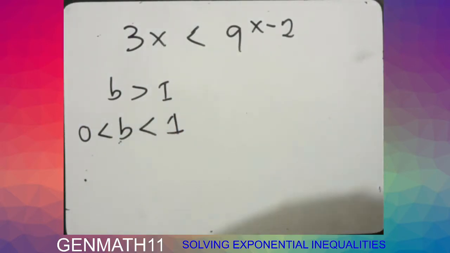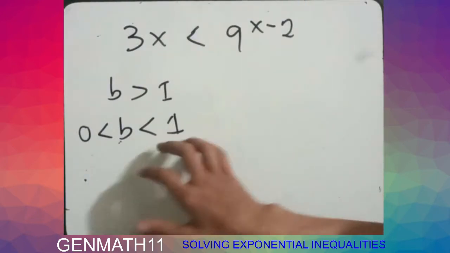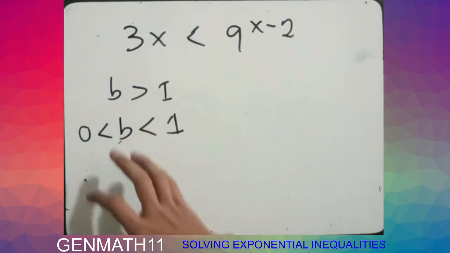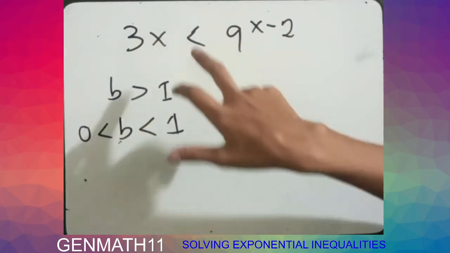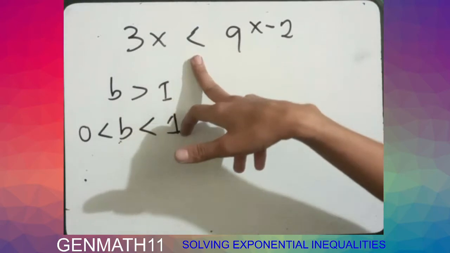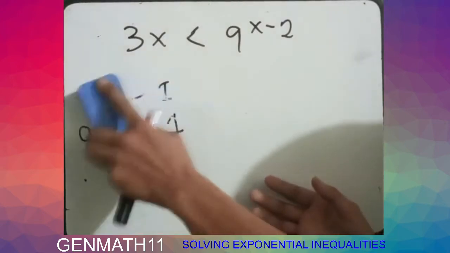Pero kapag yung base natin is less than 1 but greater than 0, the inequality symbol ay mababaliktad. Sa halip na less than, magiging greater than. Then, kapag greater than, magiging less than. Mamaya, ipapaliwanag ko ng ayos yan. Isolve muna natin to.